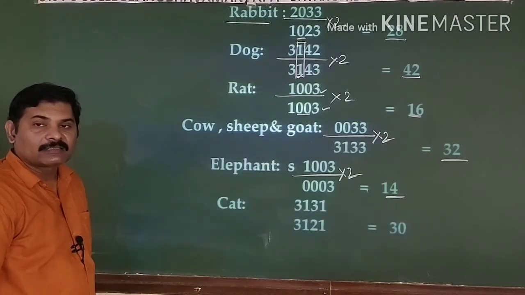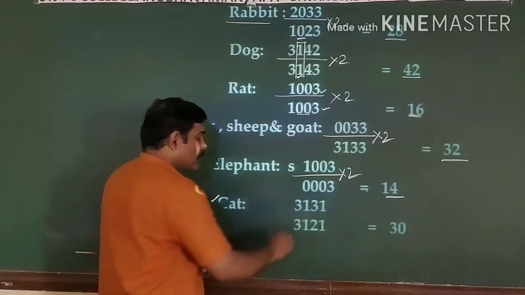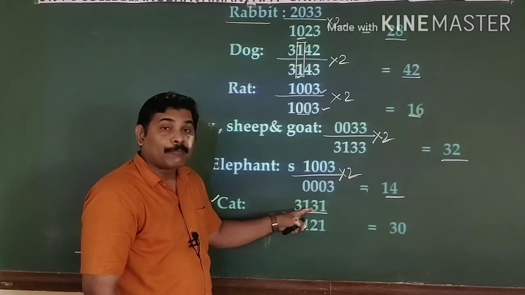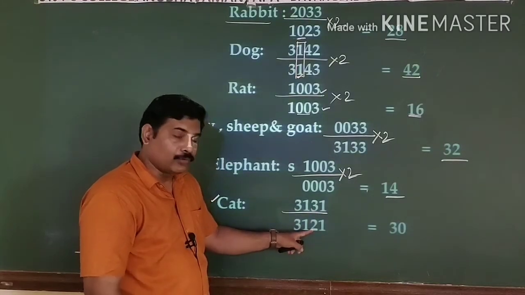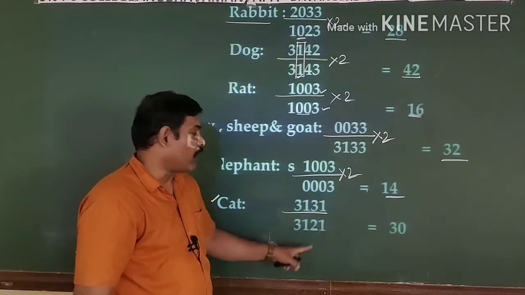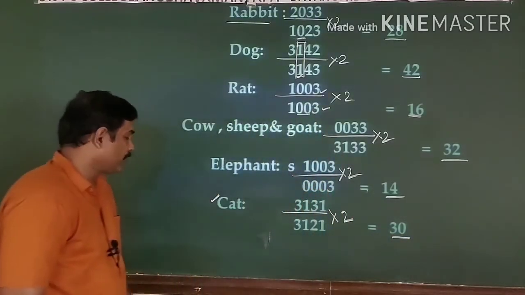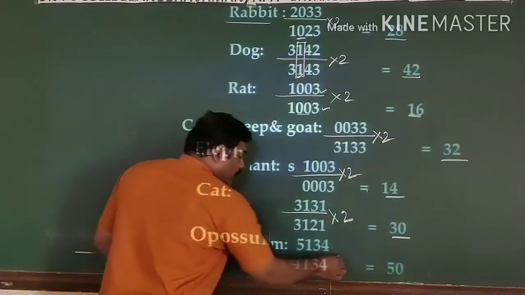Right? Some other animal, like the cat. In this you can see incisors 3 by 3, canines 1 by 1, then premolars 3 in the upper jaw and only 2 in the lower jaw, whereas the molars are 1 in each jaw. So altogether you can see 30. At last, the opossum.